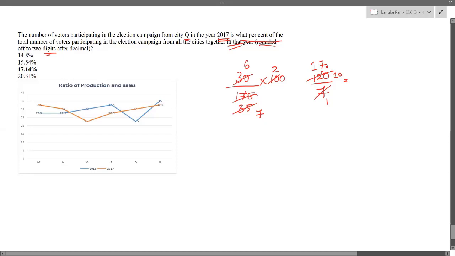So I'm using a decimal and taking 10 here. So 7 1s is 7. What is remaining? 3. So 7 4s is 28. So it is 17.14%. And do we have that in our options? Yes. Option C, 17.14% will be my final answer.